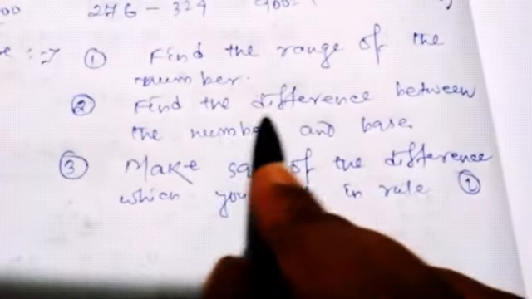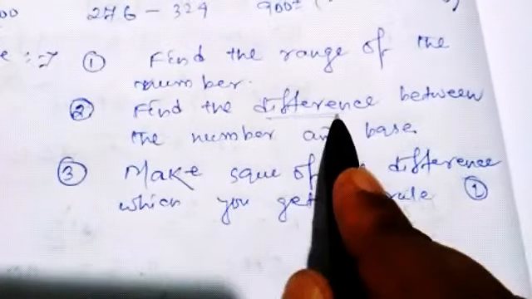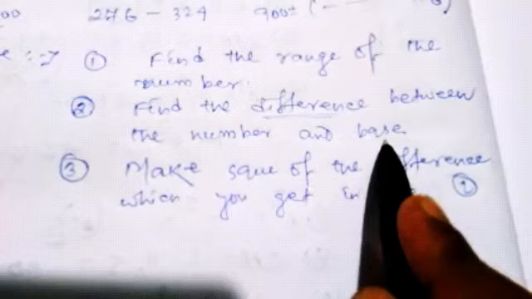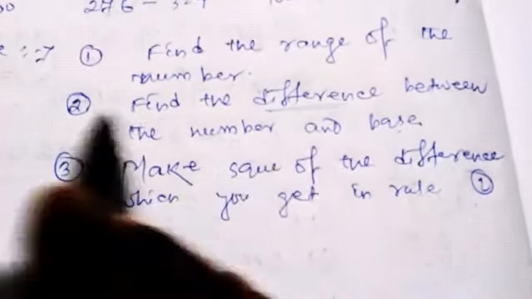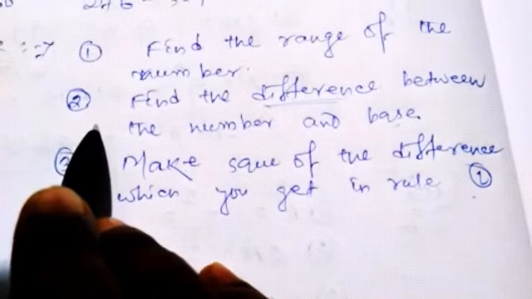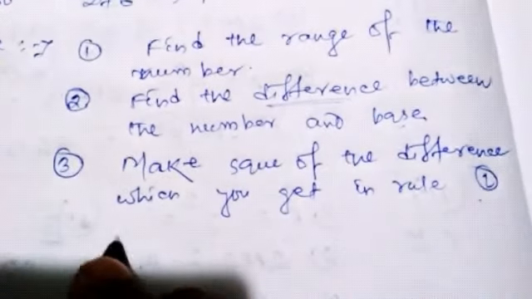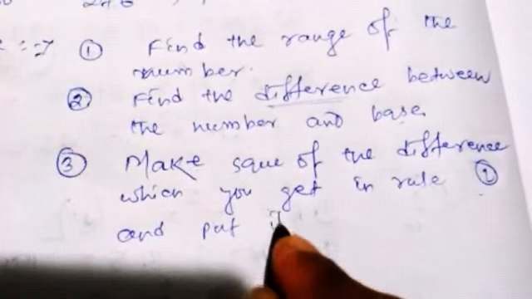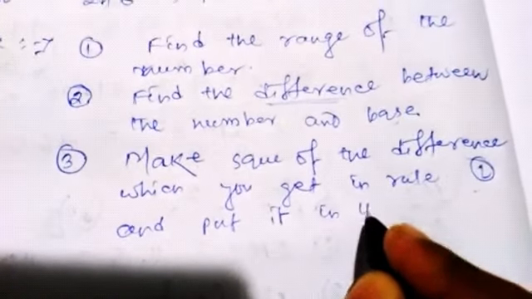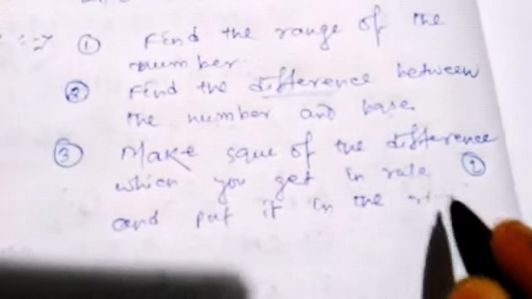That is, find the difference between the number and the base, and then make the square of that difference, and put it on the right side.